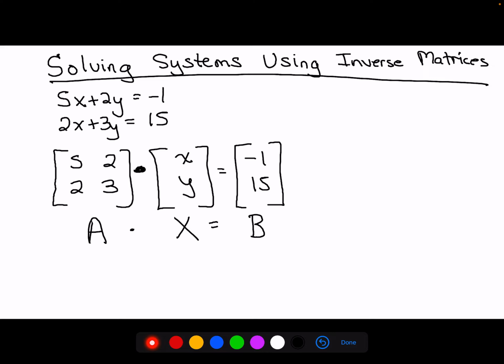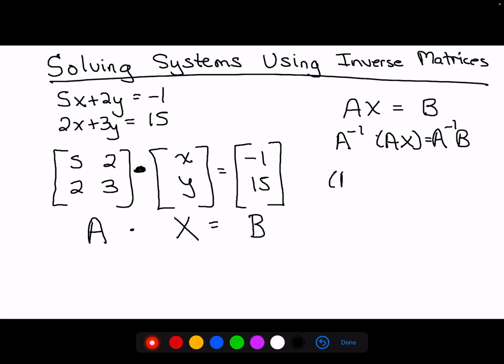But knowing we can set it up like that, AX = B, we can also use what we know about inverses to help us with solving. We can take both sides of this equation and multiply by the inverse of matrix A. You know how you have the associative property?